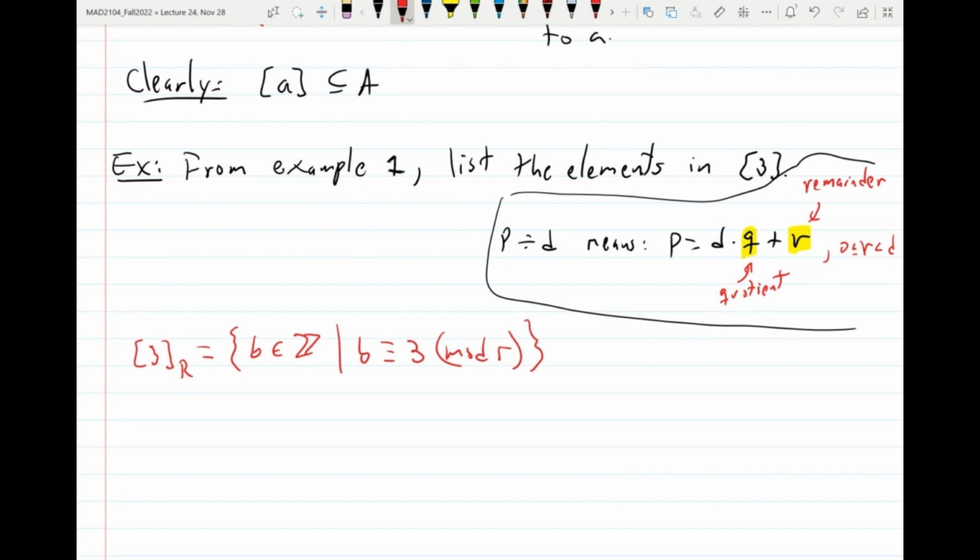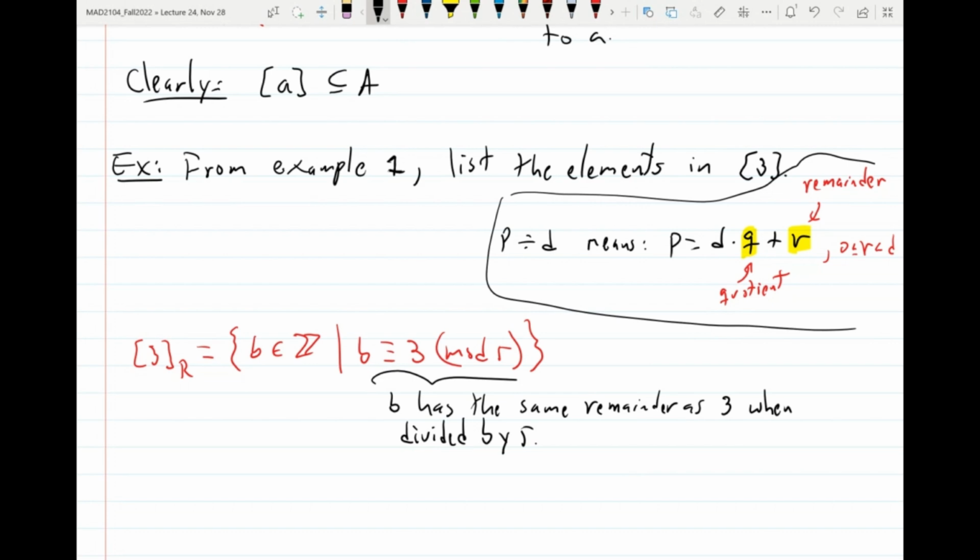And remember, in words, this means that B has the same remainder as 3 when divided by 5.